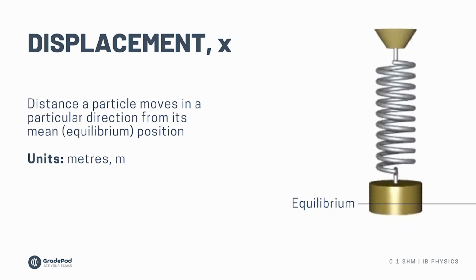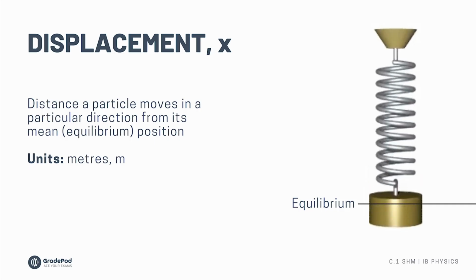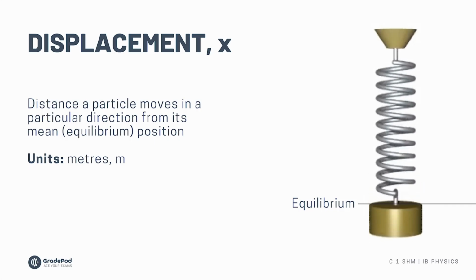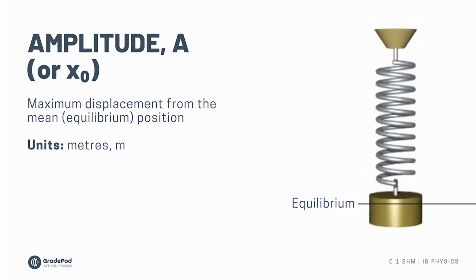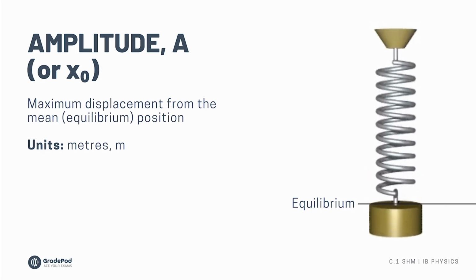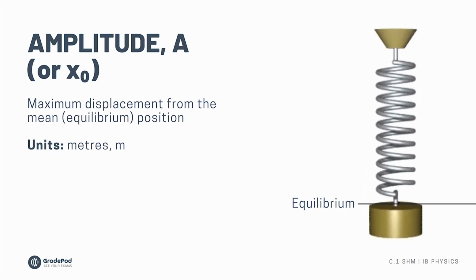You could use a ruler. All right, so the equilibrium is where x equals 0, and x is the distance from that equilibrium position at any time. Of course, there is a maximum distance from the equilibrium position, and that maximum distance is called the amplitude. I would usually give it the symbol A, but in a data booklet, it's been given the symbol x0. And again, of course, that is in meters.